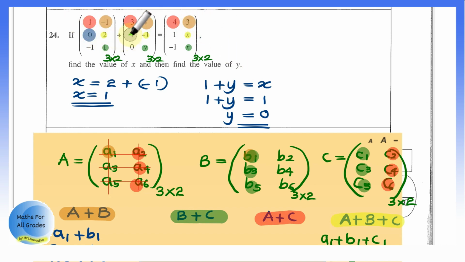Here 0 plus 1 equals 1. So we can write down 2 plus minus 1 equals x. That's how we found the value of x. Now y value is here and the corresponding value here is 1. So 1 plus y equals x. Since you know the value of x, you can find the value of y.